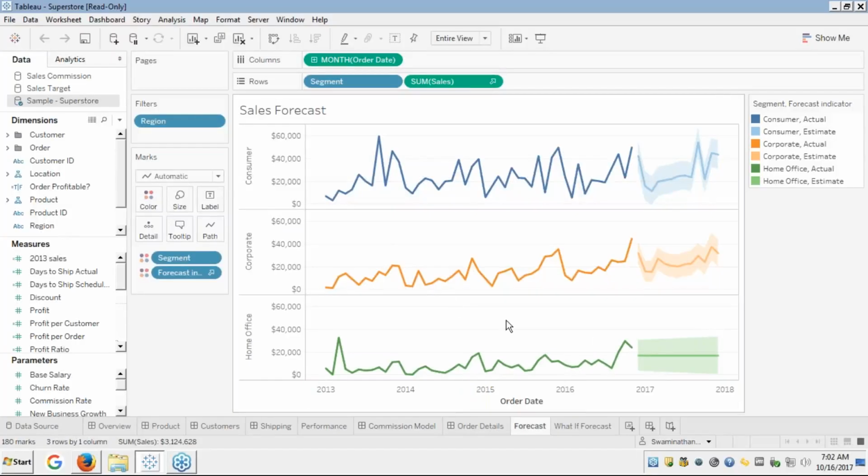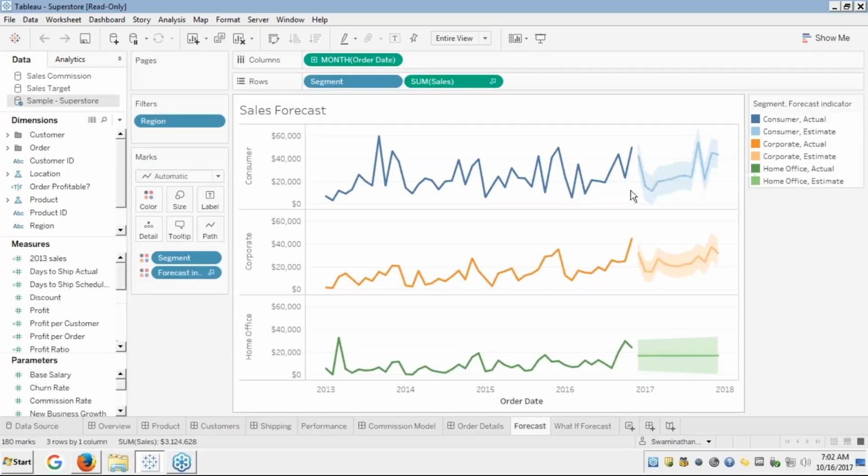Here, for this forecast, they are taking the month of order date, the segment, and the sum of sales. They are performing the forecasting based on this data. We will try to create something very similar.